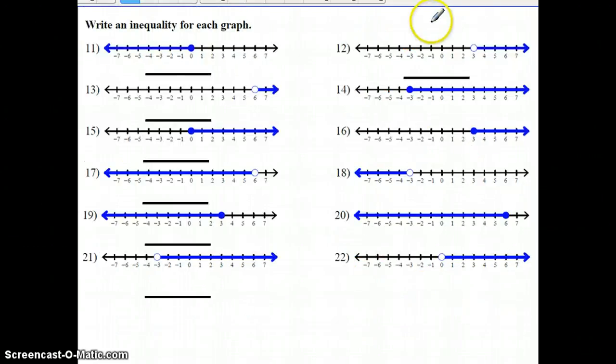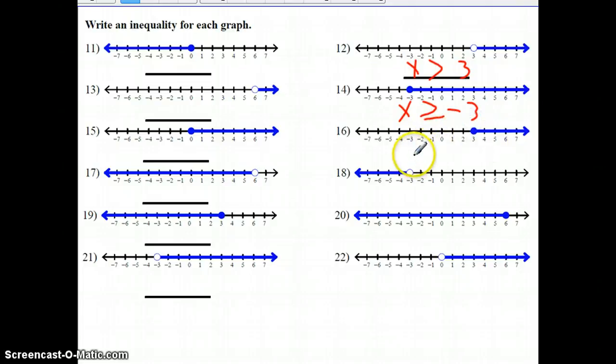All right, the next section, here you needed to write what was being graphed. So I'm just going to use x. Of course, any variable would work. It has an open circle, so it's greater than 3. Here we have a closed circle, so x is greater than or equal to -3.